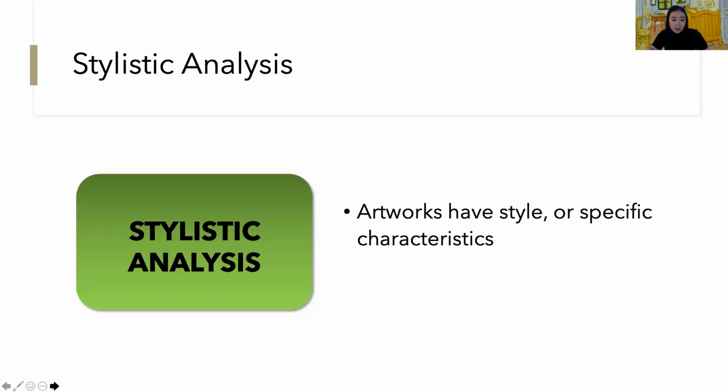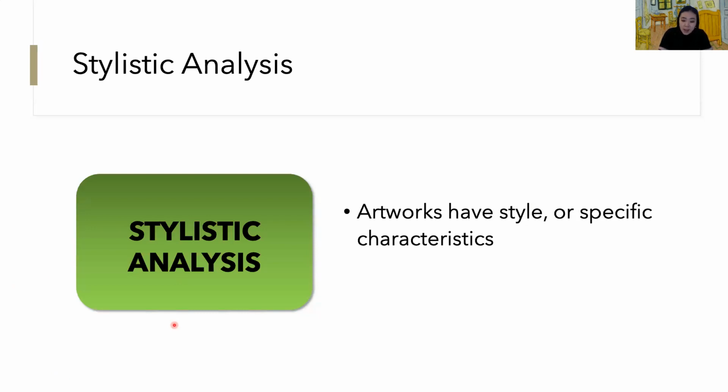And the next analysis method is stylistic analysis. We recognize a style in our own lives; the way we dress and arrange our hair reflects our personal style. Artworks also have a style, or specific characteristics that make them look the way they do.